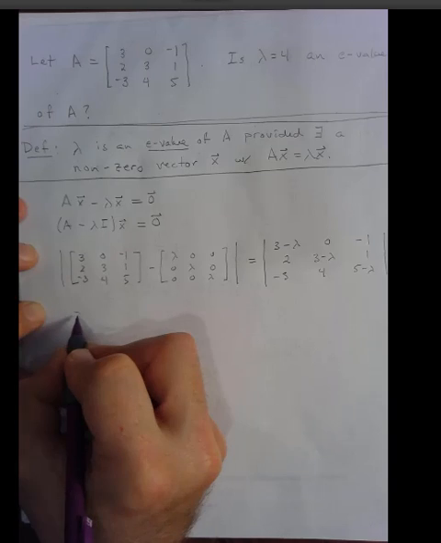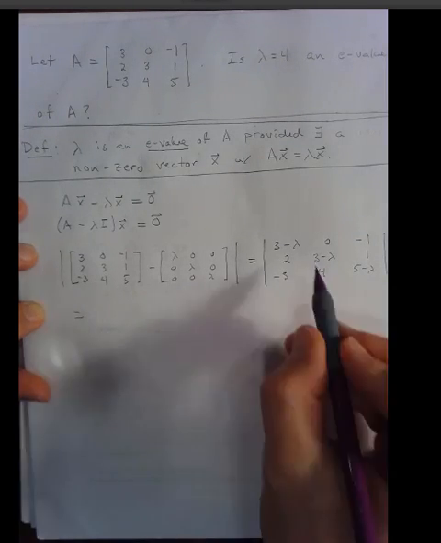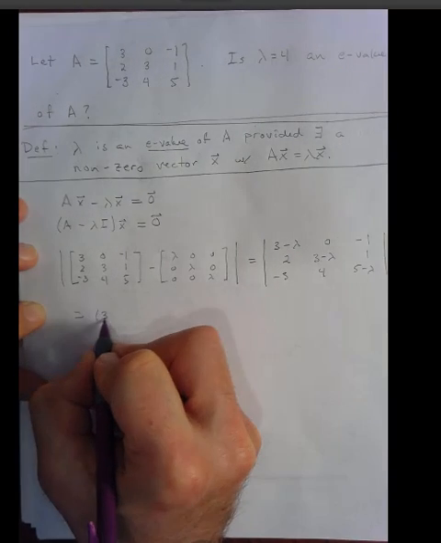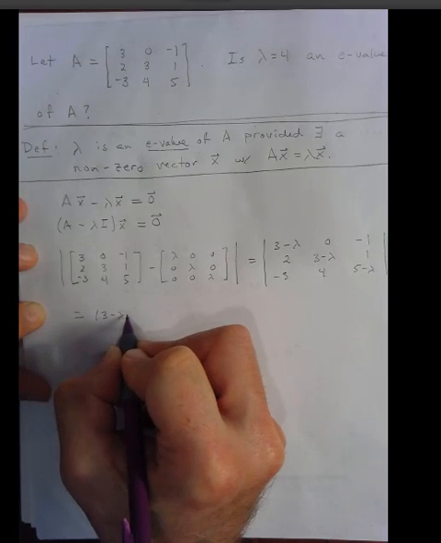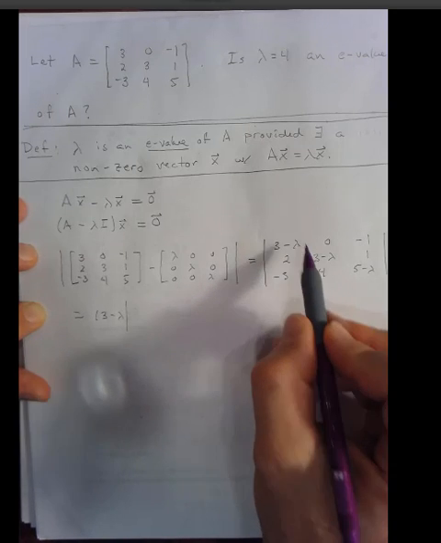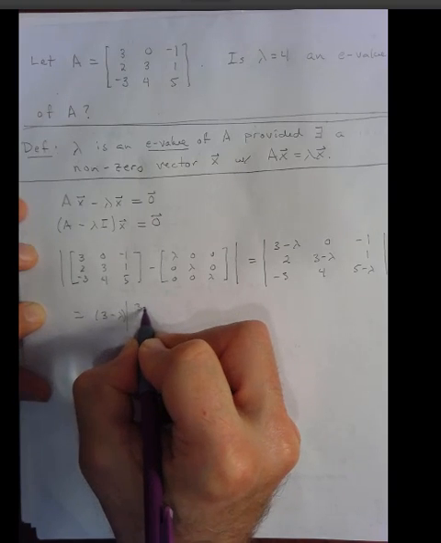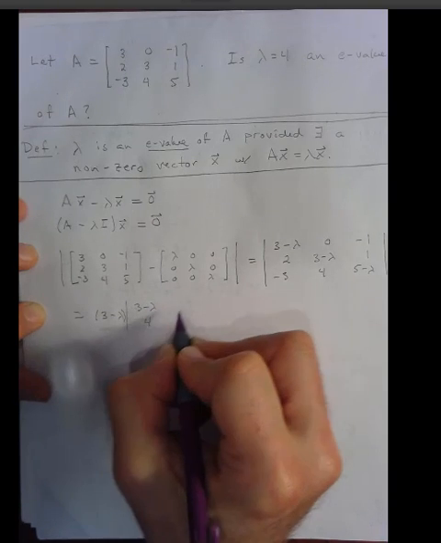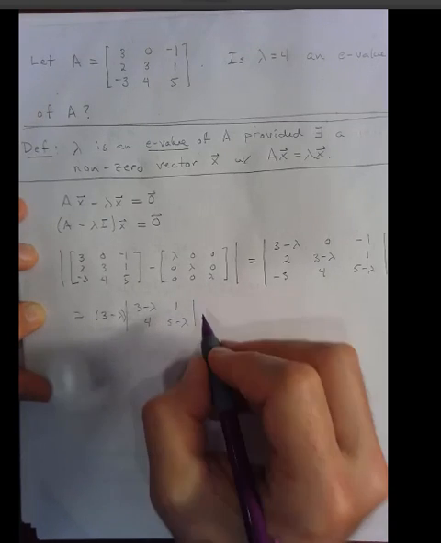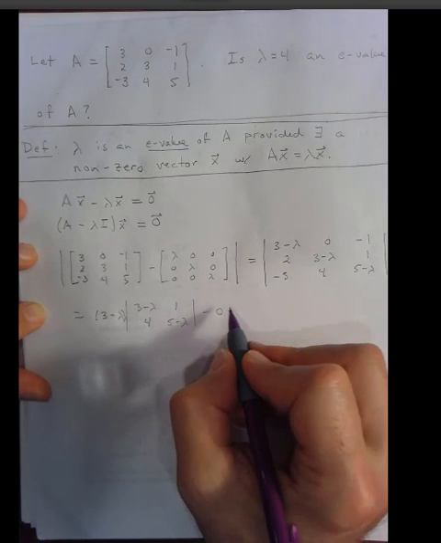There are a number of ways I could do that. Let me do cofactor expansion across the first row. So that's going to be 3 minus lambda times the determinant of, remember I cross off the first column, first row, so the determinant of 3 minus lambda, 4, 1, 5 minus lambda, minus 0 times some 2 by 2 determinant.